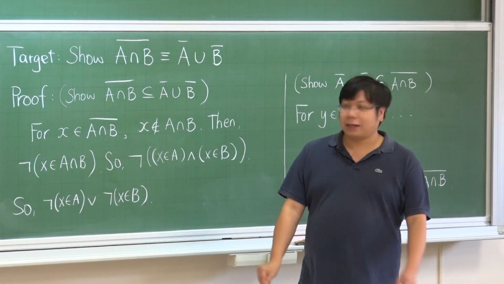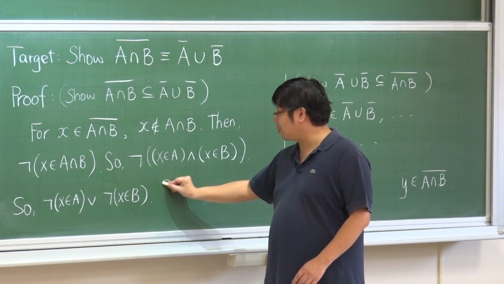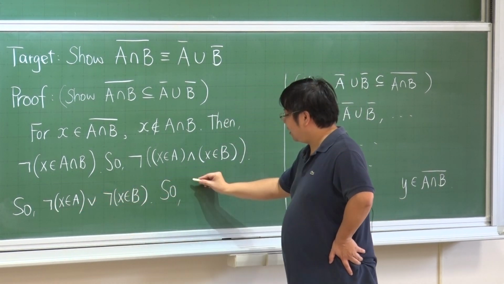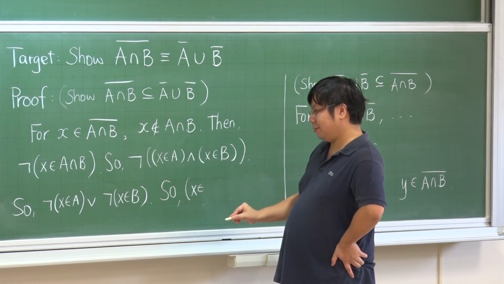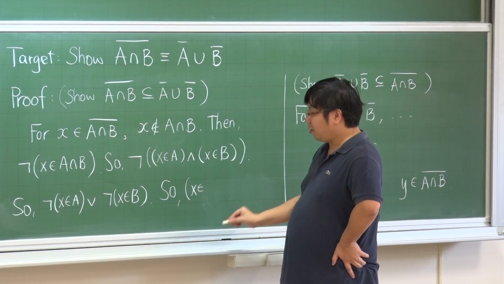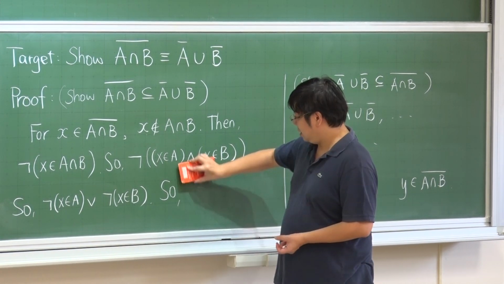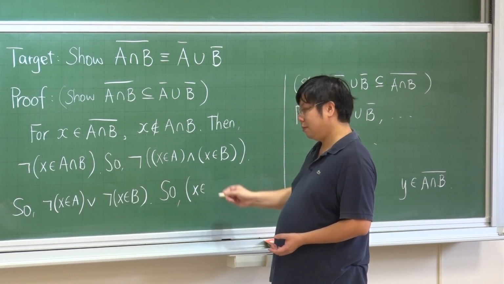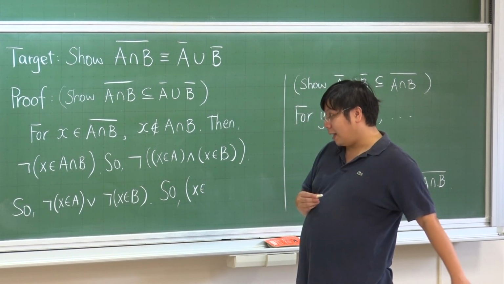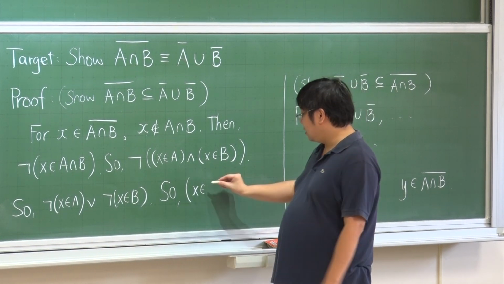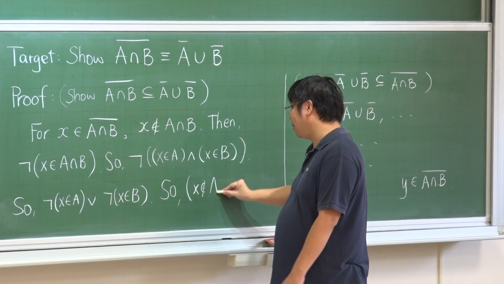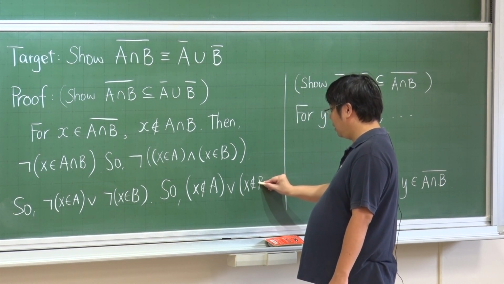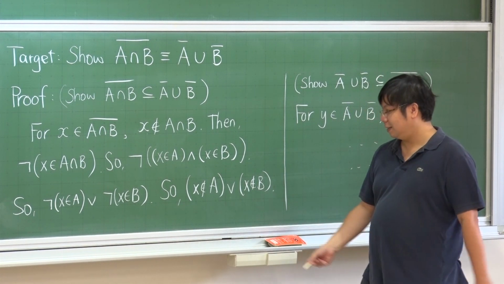So what does it mean? Not X in A means X is not in A. So X is not in A or X is not in B. Okay, and that's so.